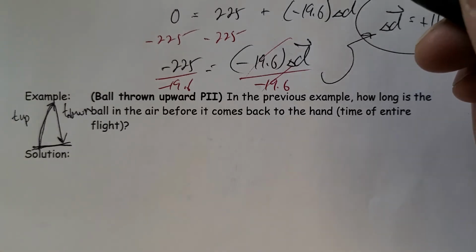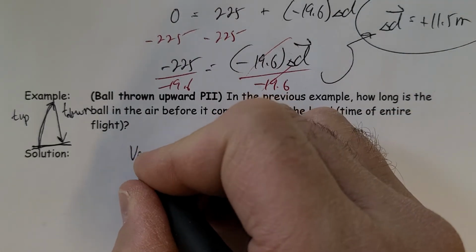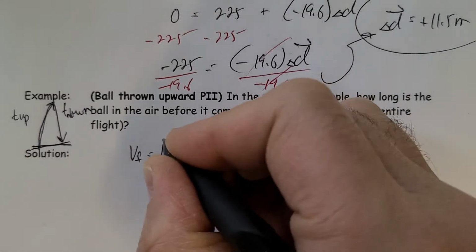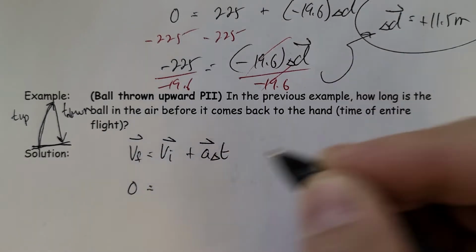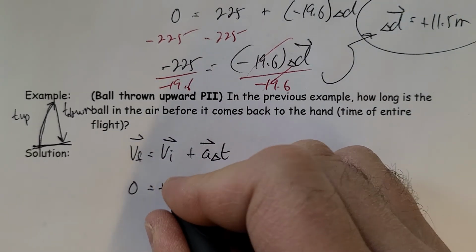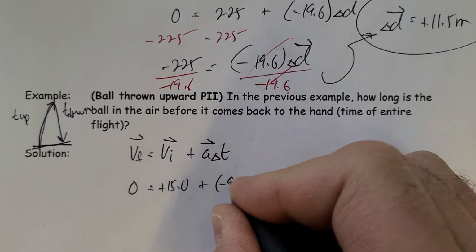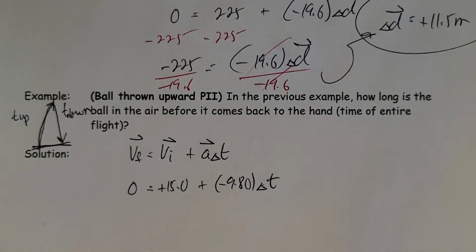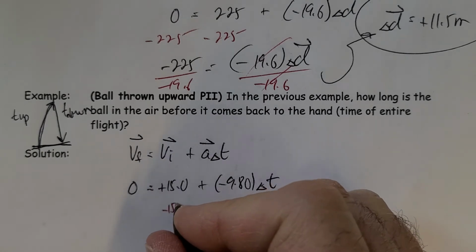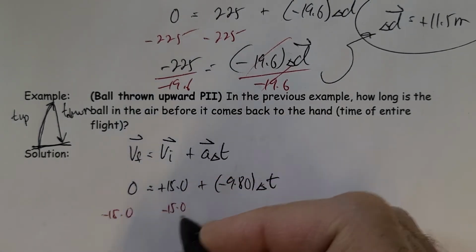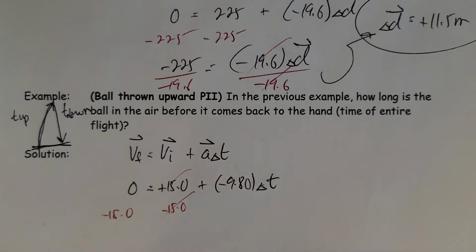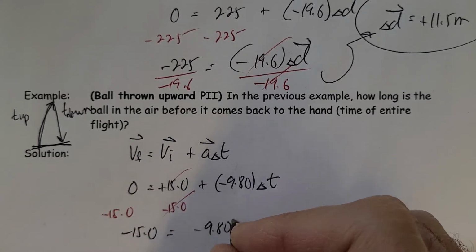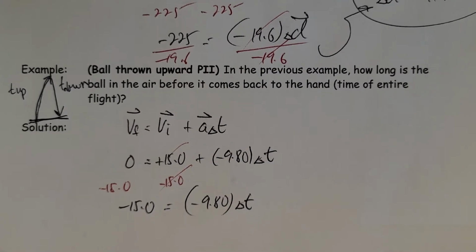So to figure out the time up, I could use that same acceleration equation that I used earlier. So at the very top of the path, it's 0. Chucking it up in the air at 15. Negative 9.8 is my acceleration. So subtract 15 from each side. And I get negative 15 is equal to negative 9.8 times delta t.